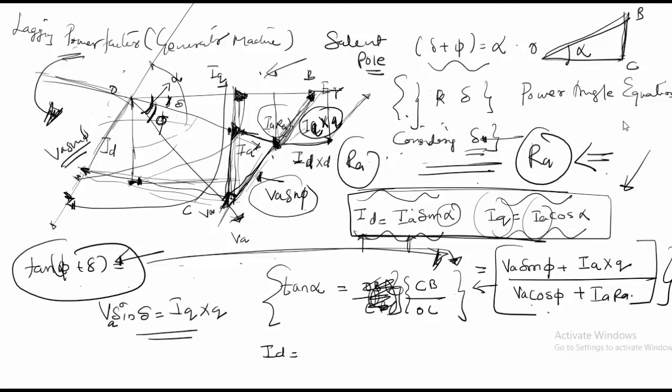So it's possible to find out your unknowns based on your details. And if you are neglecting the Ra, I have already prepared a video of the derivation previously, which you can find in the playlist for the power angle for the salient pole generator.